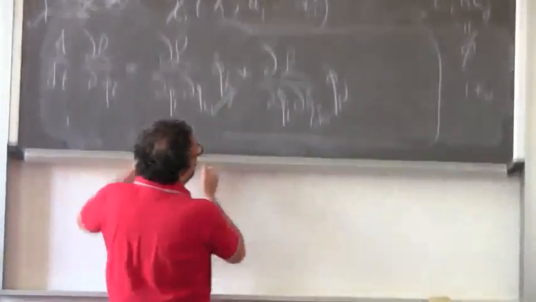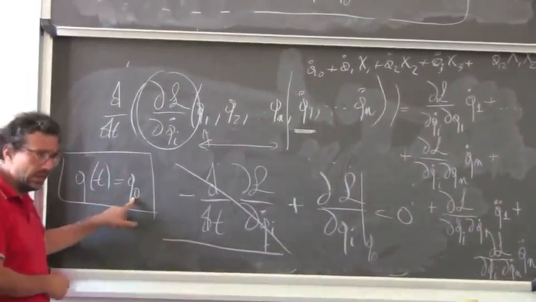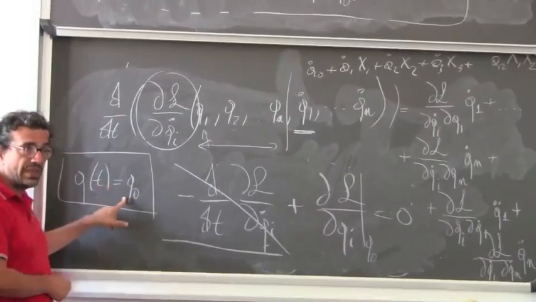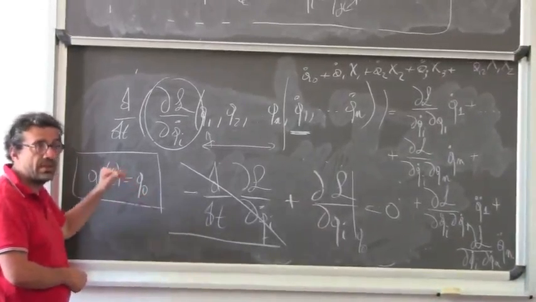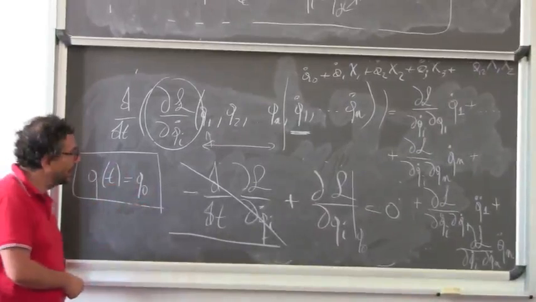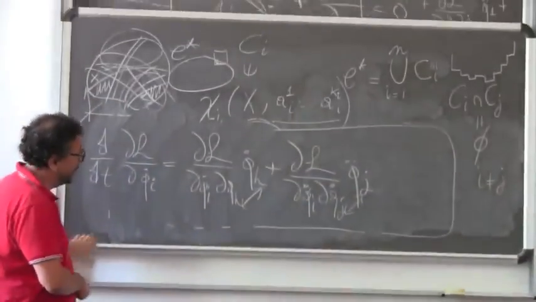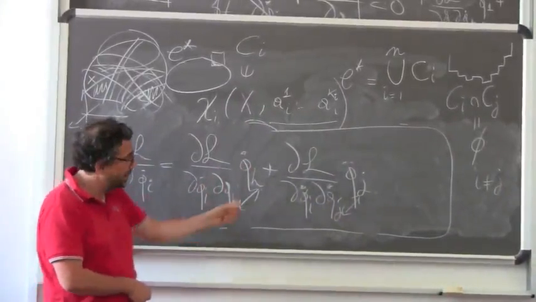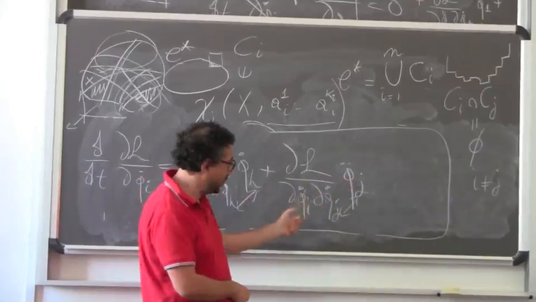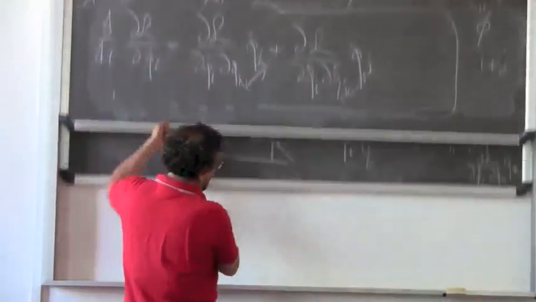So let's repeat what I said. Q of t equals Q0. The first derivative of this is 0. The second derivative of this is 0. Therefore, this derivative is 0, and therefore all these are 0.